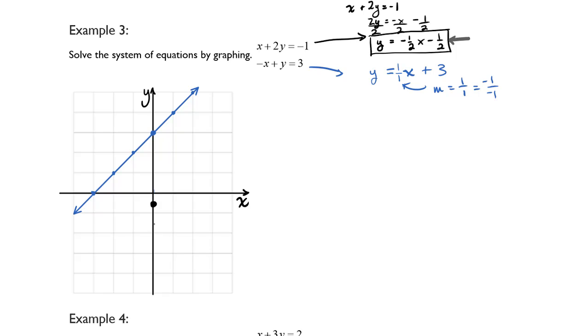Count down 1 to the right 2, down 1 to the right 2, up 1 and to the left 2, up 1 and to the left 2. That is an equivalent rate of change. And see how all my dots are in a line. And now I'm connecting the dots. And there is my system of equations graphed.